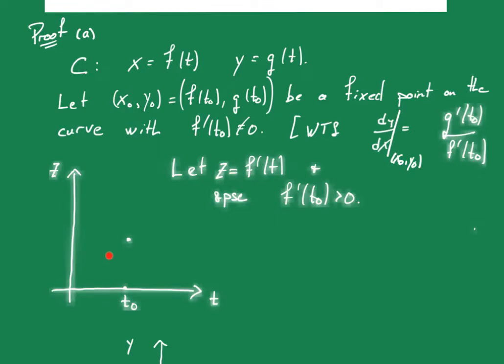Well, if z might be less than 0 somewhere, say maybe over here it's less than 0, because it's continuous, its graph has to come in one piece, we can see that it's still going to have to be positive on an interval containing t naught. It might eventually become negative, but nonetheless, because of continuity, we can say that there definitely is going to be an interval AB that contains t naught where z equal to f prime of t is bigger than 0.